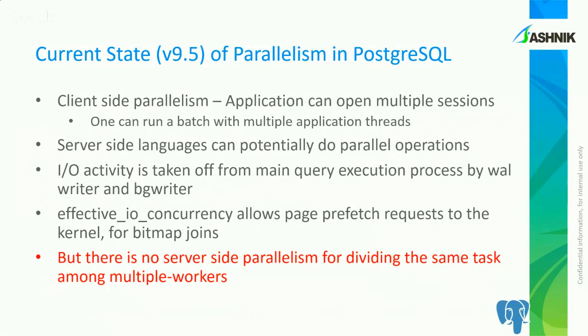Each thread can make multiple connections, and you can break down your complex batch job into multiple operations or subtasks which are performed by these threads. You can also potentially use some of the server-side languages to do parallel operations inside a stored procedure written in that particular server language.